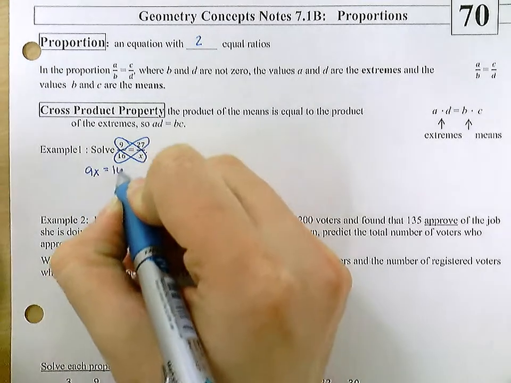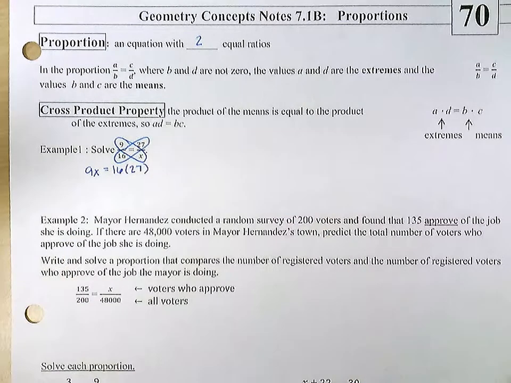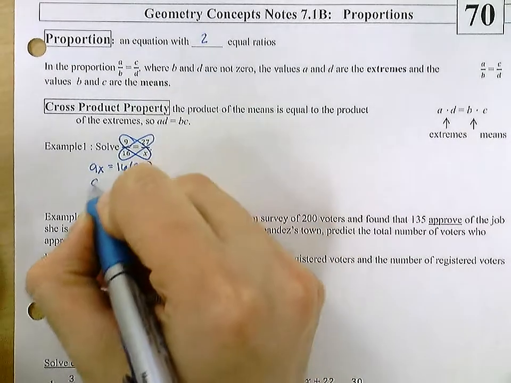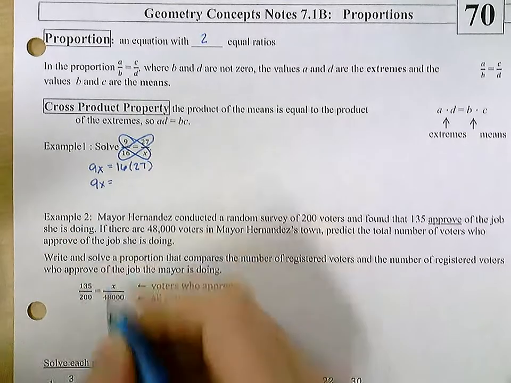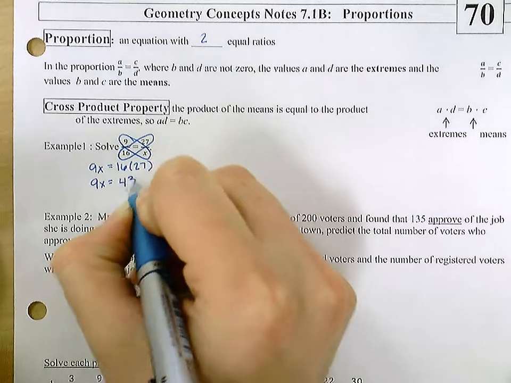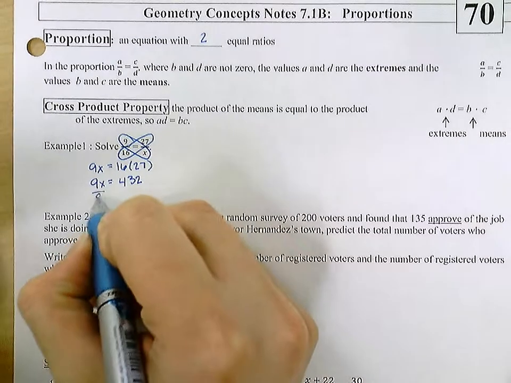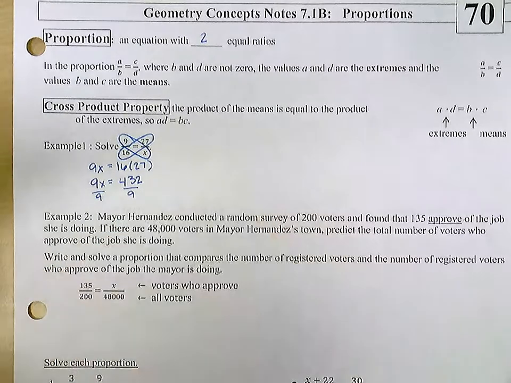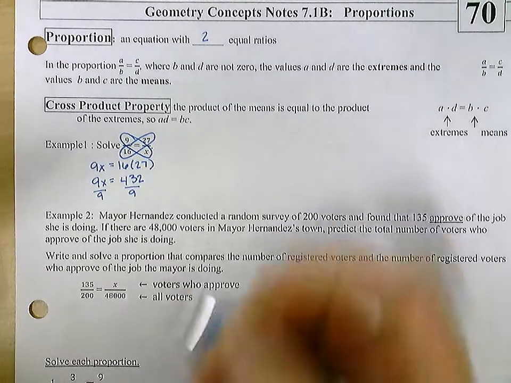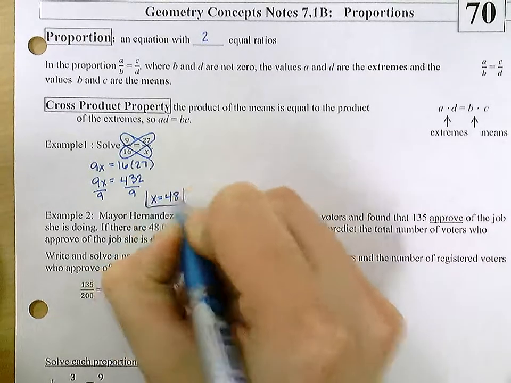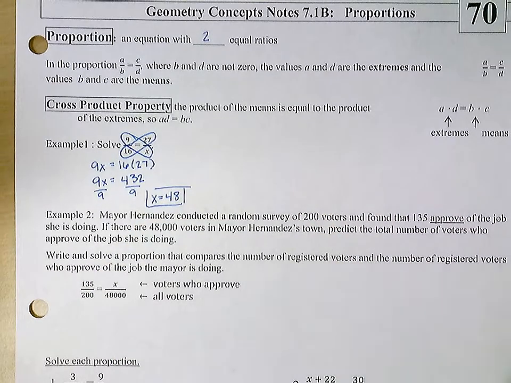And we have 16 times 27. So we have 9x is equal to 432. To solve for x, we'll divide both sides by 9. And x does equal 48.